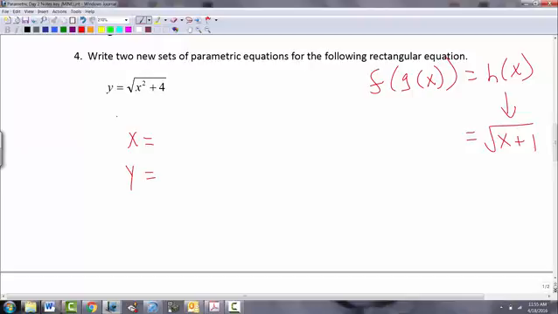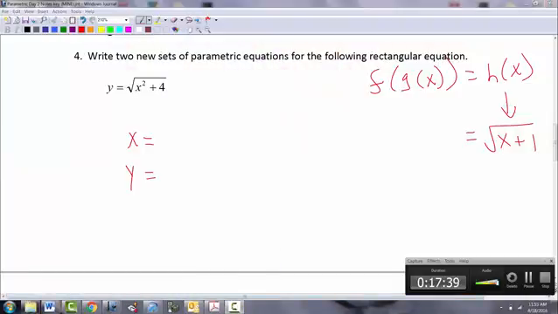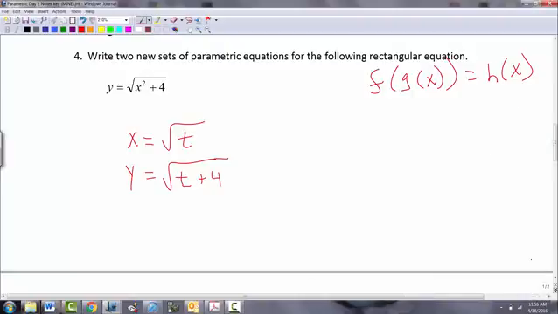Second hour came up with a real unique one. I was like, wait a minute, is that right? And then I did the work and it worked. It was awesome. So I want you to think about what x and y would have to equal in terms of t so that this would be the rectangular representation. He's correct. Why? Because what would you have to do in order to eliminate the parameter? You'd have to solve this in terms of t.